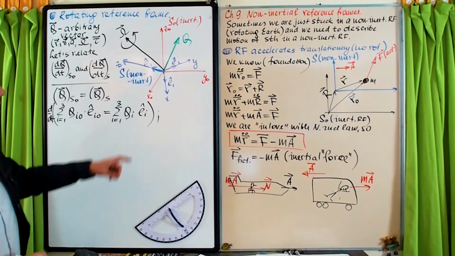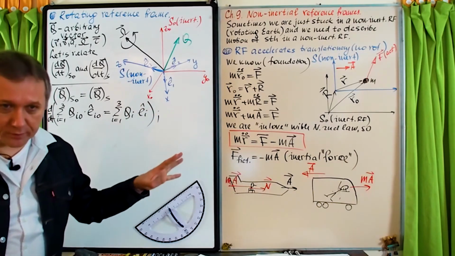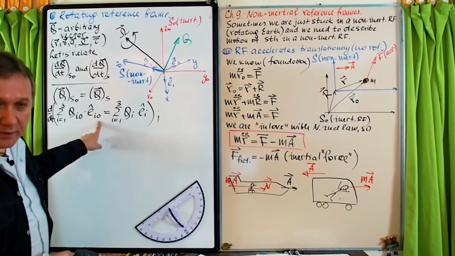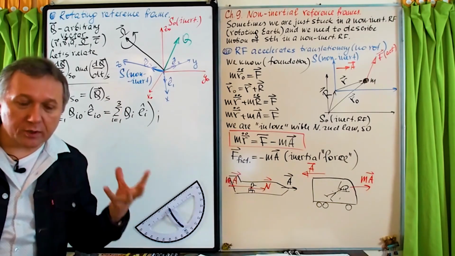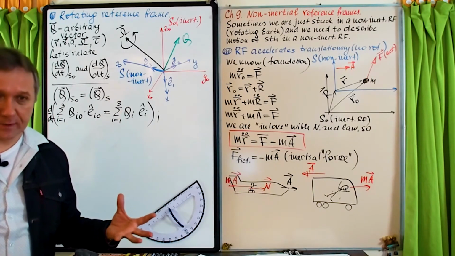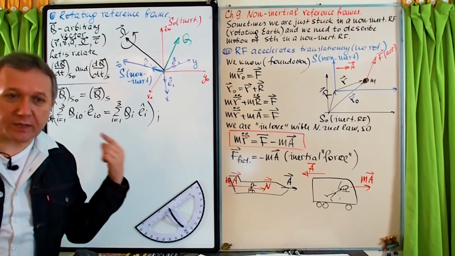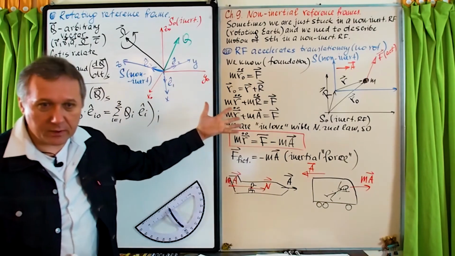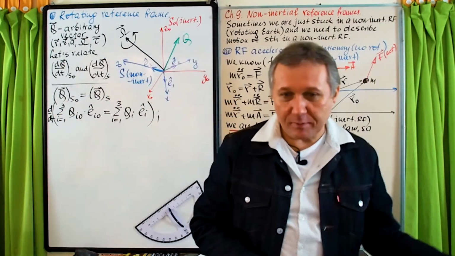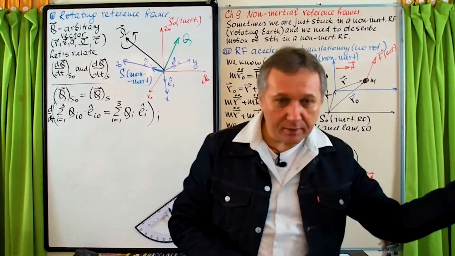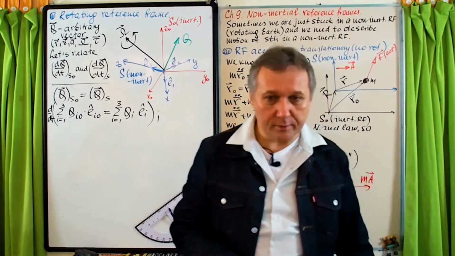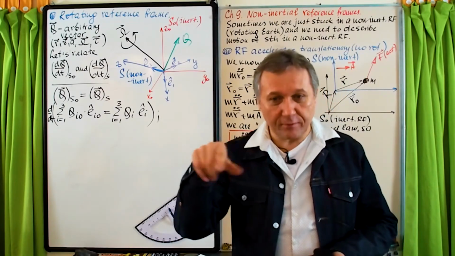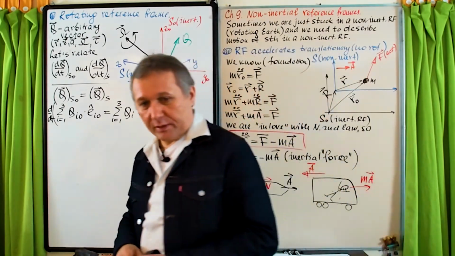Remember that S naught is inertial. So these unit vectors, e1,0, e2,0, e3,0, are truly constant vectors, because they are not spinning, so their time derivative is 0. It's basically a Cartesian coordinate system: the time derivative of x hat is 0, y hat is 0, and z hat also 0. But if you look at cylindrical coordinates, for example, the phi hat time derivative will never be 0.